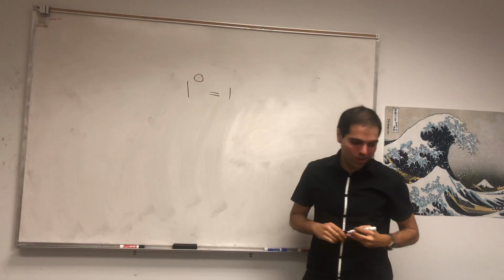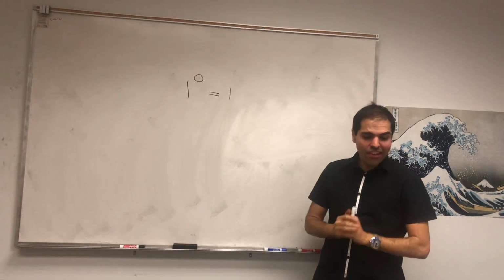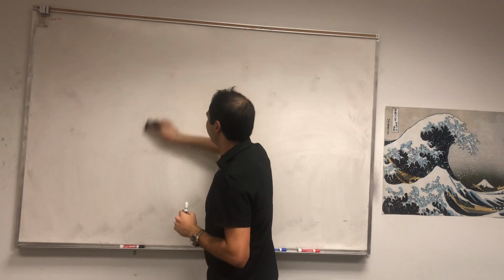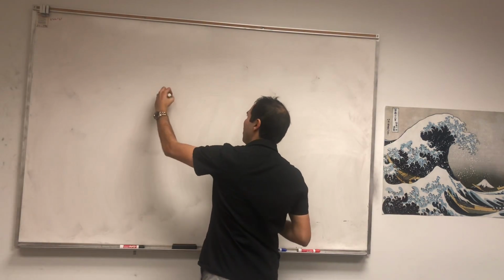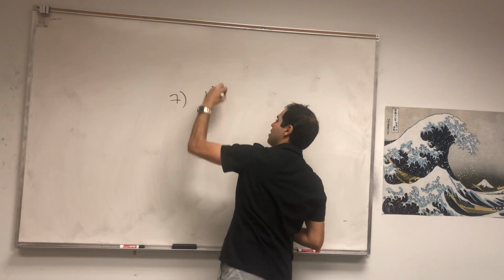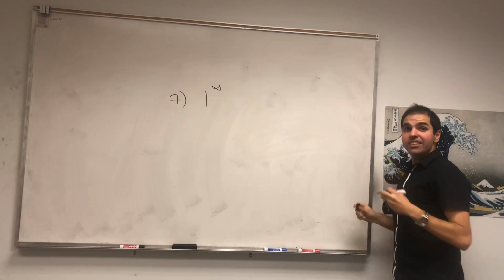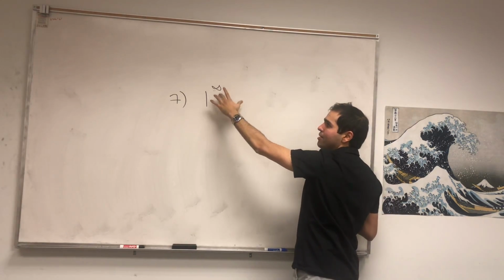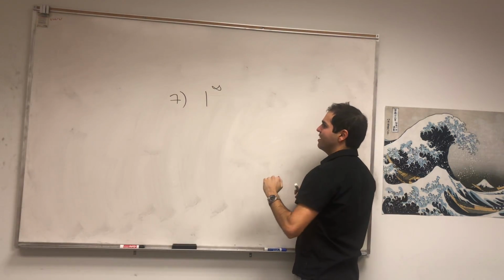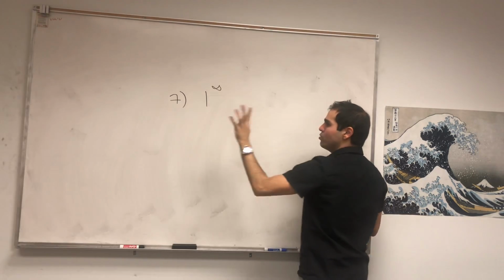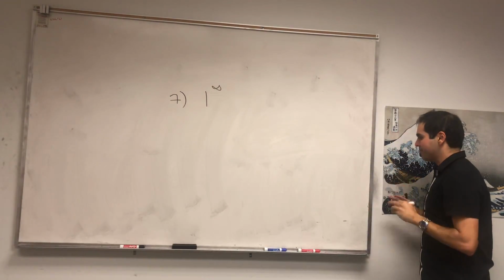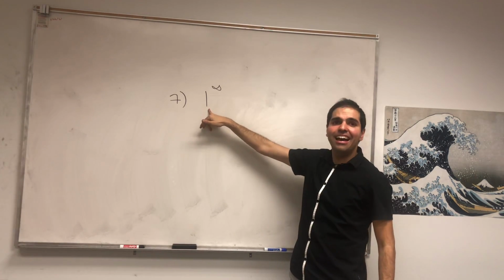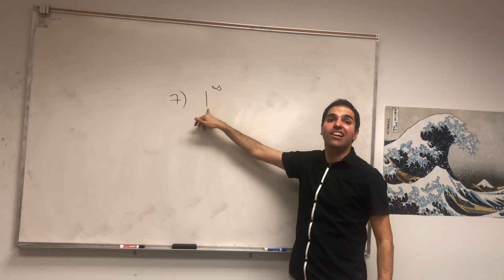This is just 1. On the other hand, last but not least, the most interesting example, I think, is 1 to the infinity, which is indeterminate. Maybe there's no tug-of-war, but it's very unstable.